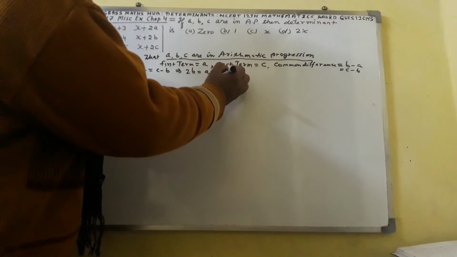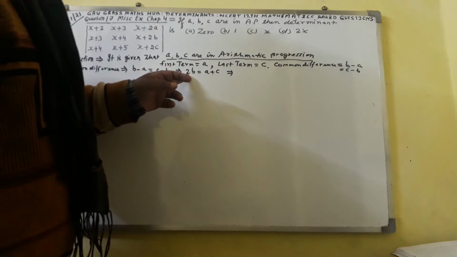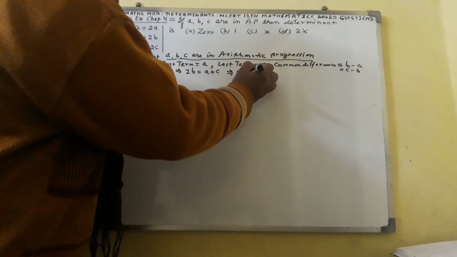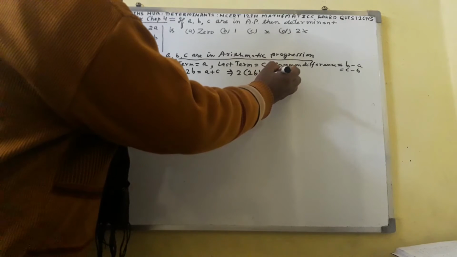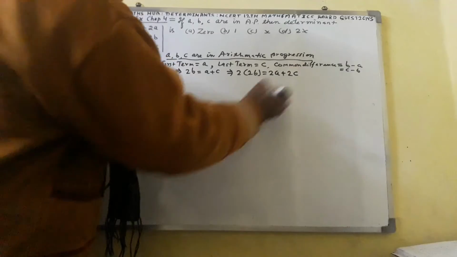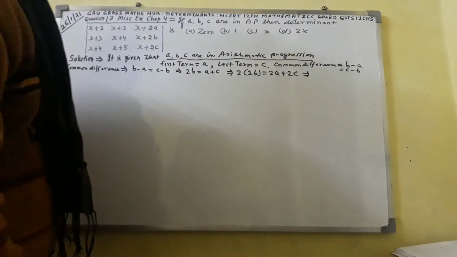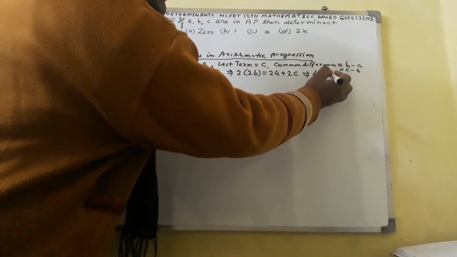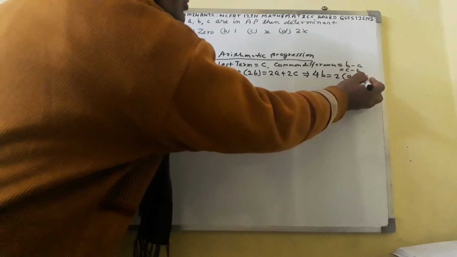If you do the operation here, just multiply by 2, so 2 times 2b comes out to be 2 times (a plus c), that is 4b equal to 2 in bracket a plus c.